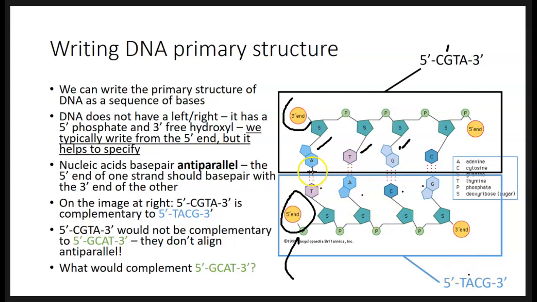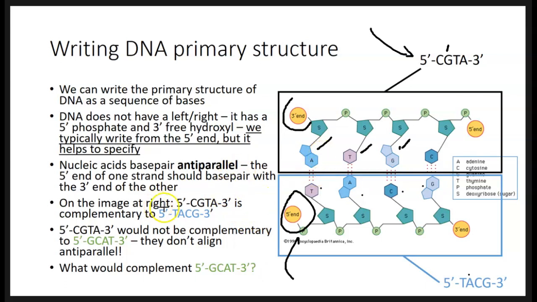These complementary interactions only occur when the 5' end is opposite the 3' end, and we have these complementary bases. So the sequence of this molecule is 5' C, G, T, A, and the complementary one is 5' T, A, C, G. When you're writing complementary molecules, you need to make sure that those molecules are complementary and anti-parallel.